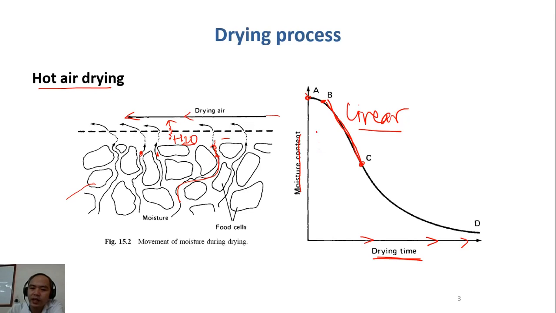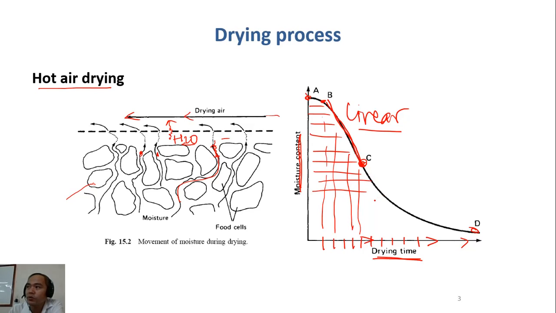Linear means that after the same period of time, the same amount of moisture is removed. After that, from C to D, the reduction in moisture content is not linear anymore, but becomes slower and slower, meaning that after the same period of time, less and less moisture is removed.